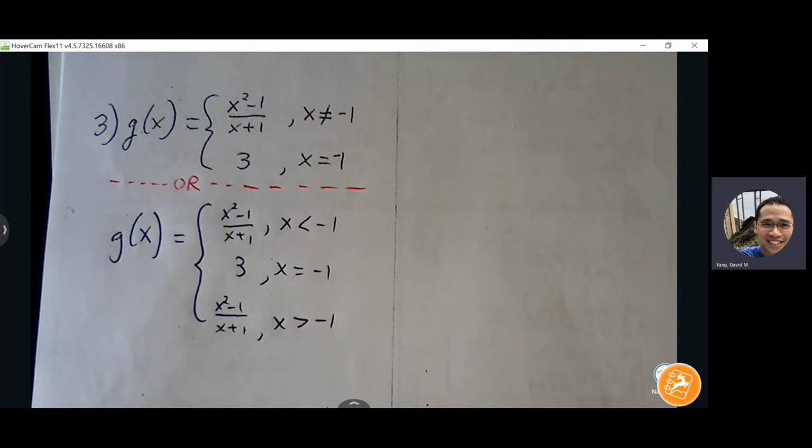But just understand that if you see this on the test, it's always going to be written out this way. You'll never see anything written out this way. If you want it written out this way, you got to create it.